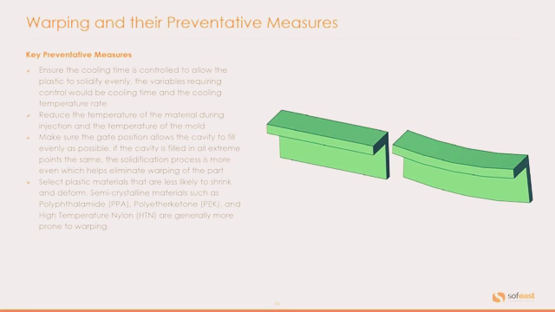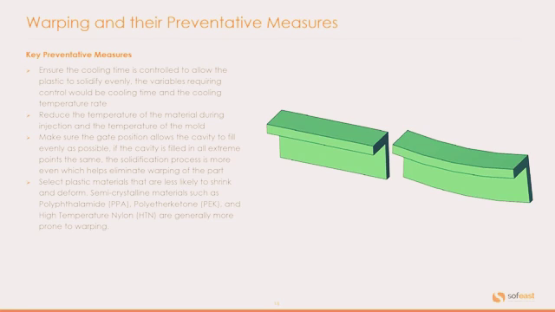The variables requiring control would be cooling time and the cooling temperature rate. Reduce the temperature of the material during the injection and the temperature of the mold. Make sure the gate position allows the cavity to fill as evenly as possible.